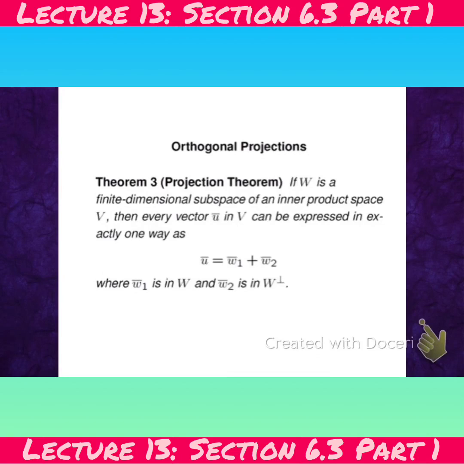Just to recap on how it works, if we look at theorem 3, now what we're going to do is project orthogonally a vector U onto a finite dimensional subspace W of an inner product vector space V. Then every vector U in V can be expressed in exactly one way as W1 plus W2, where W1 is in the subspace W and W2 is in the orthogonal complement of W. And remember what that was?